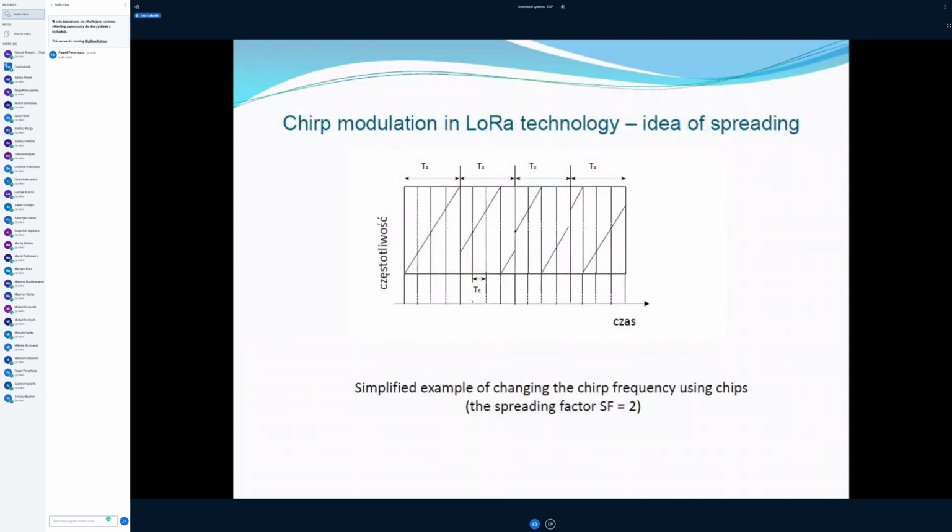And how does it work? So this is our chirp, and according to the spreading function, we can cut this chirp into pieces, and in each time of one bit, you may have various combinations representing the parts of this chirp.